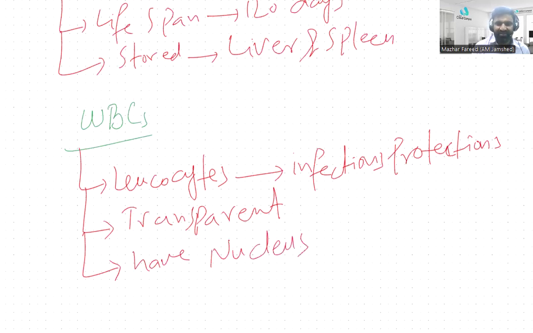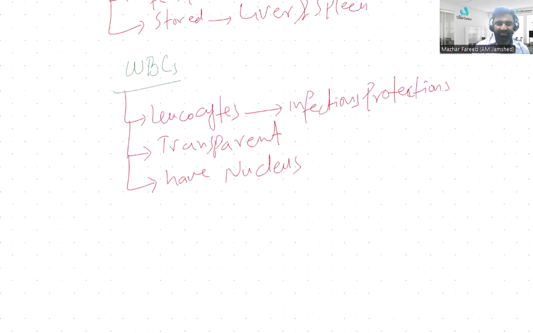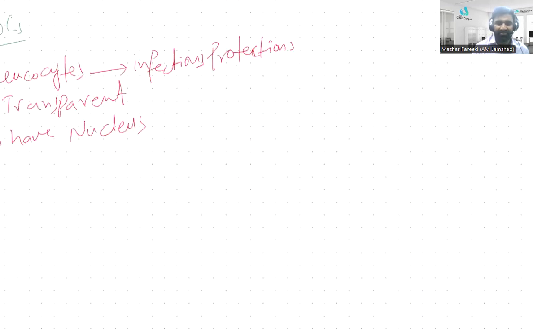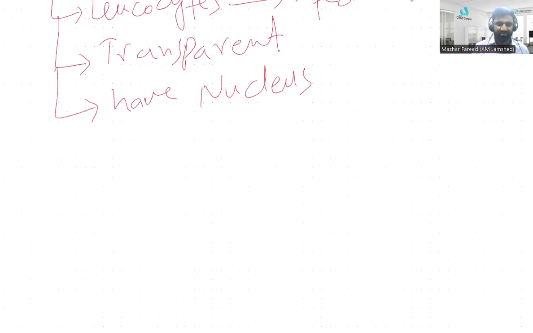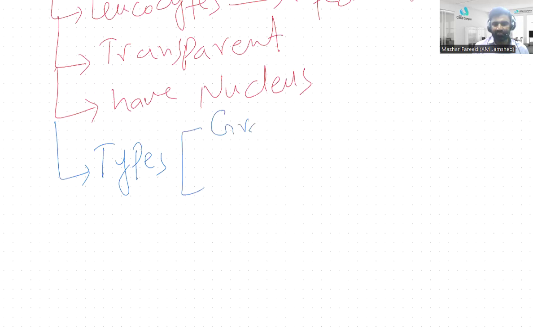And we see there are types. The WBC are divided into two types. One type is granulocytes. The other is agranulocytes.